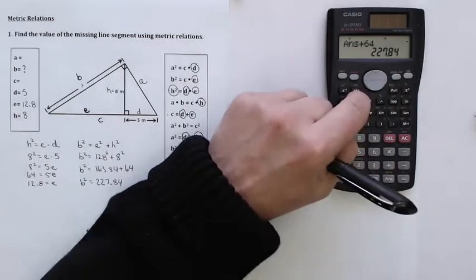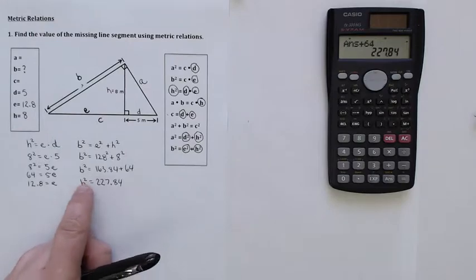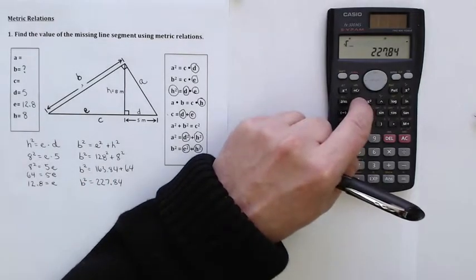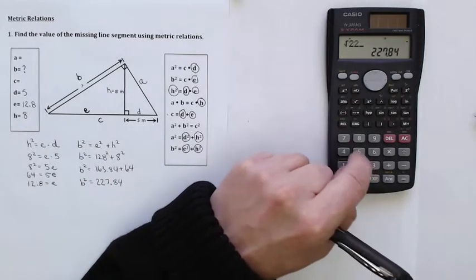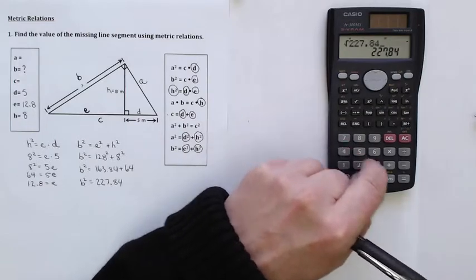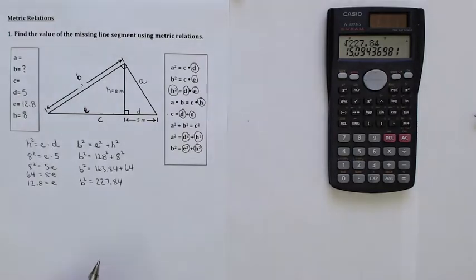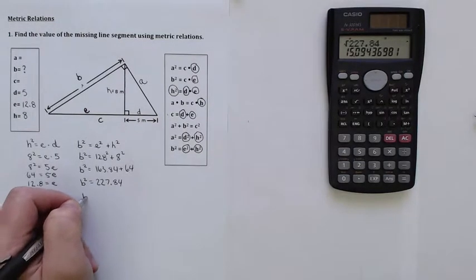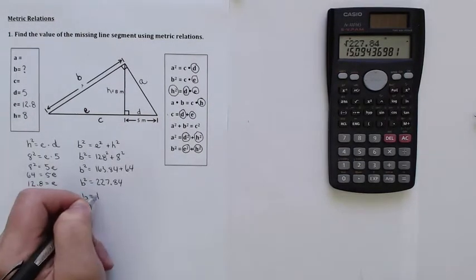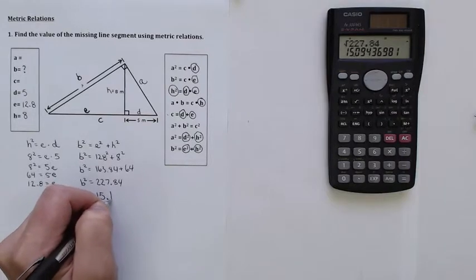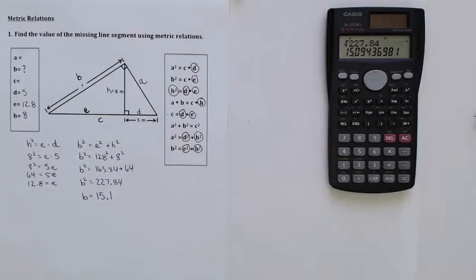Well, I have to take the square root of it because I have B squared and I need B. So I'm going to go square root of 227.84, hit my equals, and I'm going to get 15.09. We'll call that 15.1 if we're rounding it to the nearest tenth.